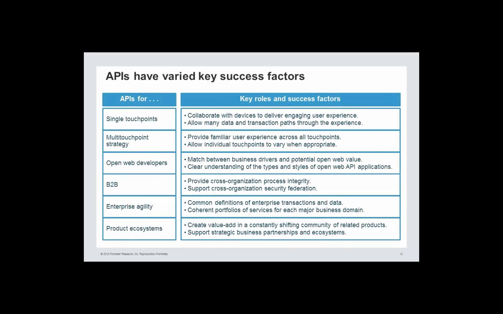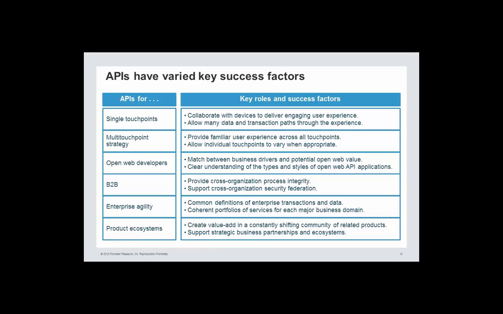Okay, so now let's start to build toward the layered API strategy. What you see is that these different kinds of APIs have varied success factors. If you're doing an API for a single touch point, and Android and iOS do data synchronization differently, so native mobile apps for those devices will need different APIs or different implementations.